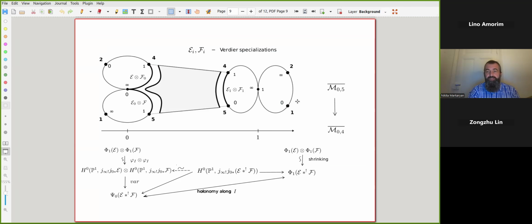The picture is M05 over M04, and here is the singular fiber over 0. This is the singular fiber over 1.